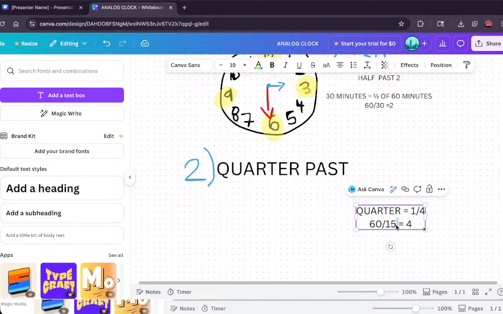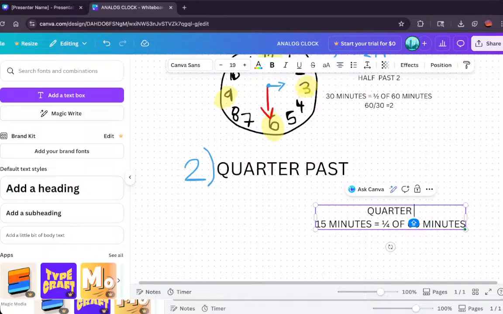So let me write it the same way I wrote it there. So 15 minutes is equal to 1/4 of 60 minutes. We'll just say quarter past 3.